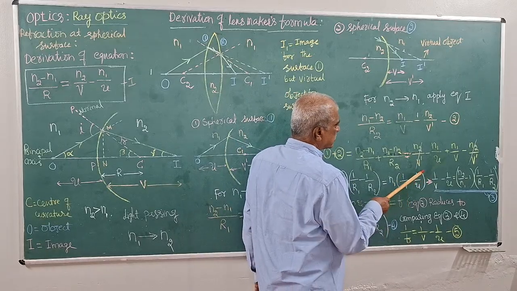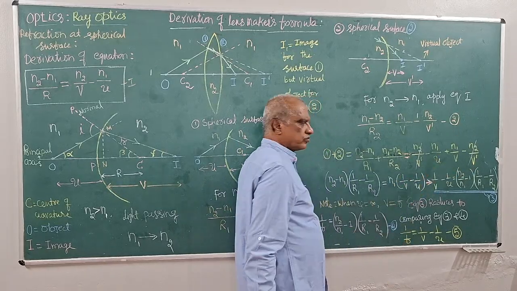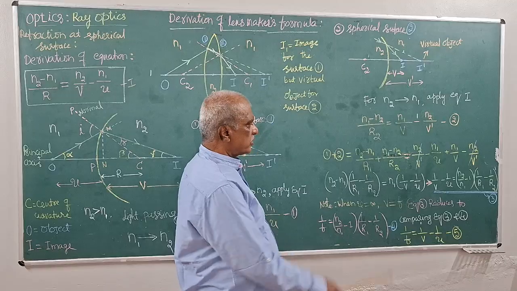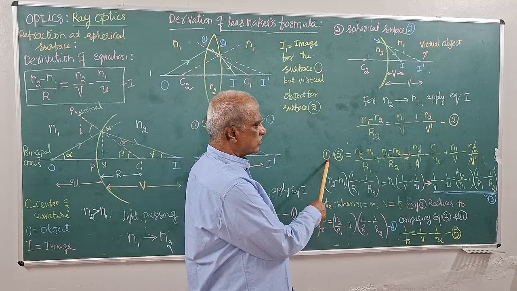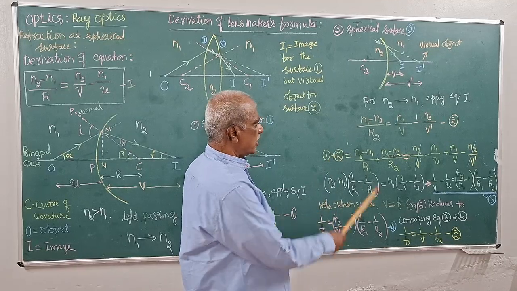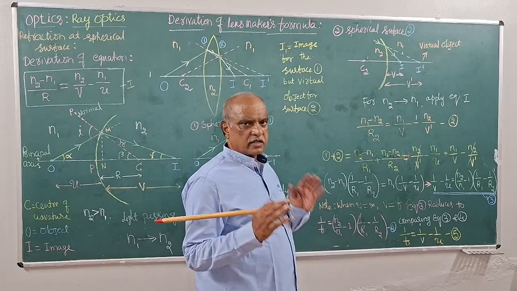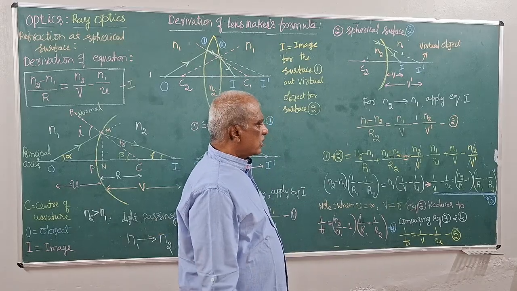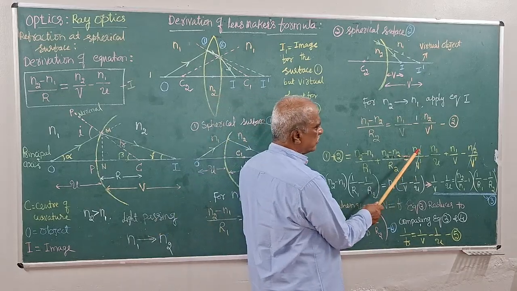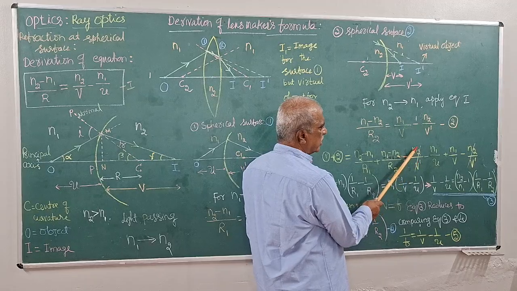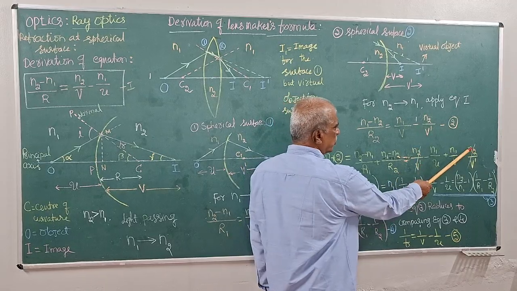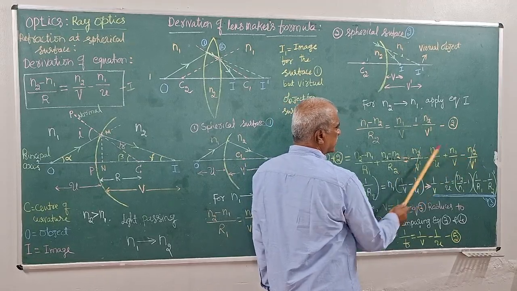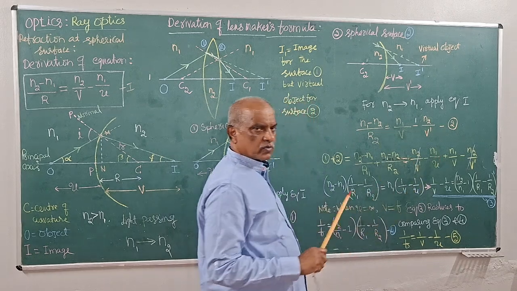So this plus this equation, the sum of the two equations. Left hand side, right hand side, add them separately. In this addition, we get the same terms, n2 by v dash, n2 by v dash. One is minus, other is plus, so they get cancelled.